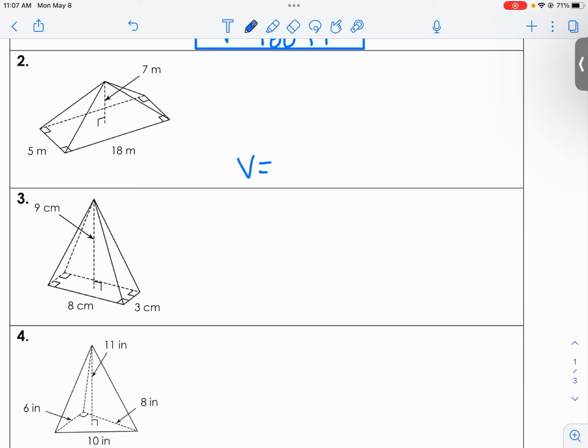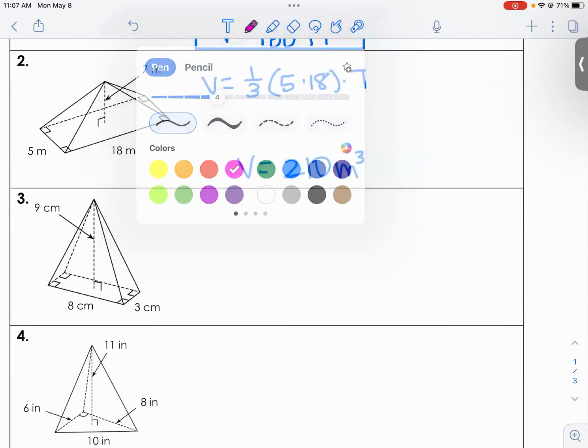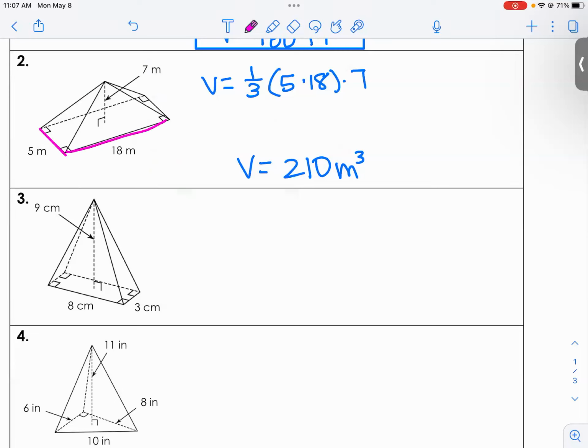So I think I overheard somebody say 210 cubic meters. Is that wrong? You think that's right? Okay, Denise, how did you set it up? For my calculator, I put 5 times 18 times 7, and then I divided by 3. Okay, good. So we have a rectangular base again.